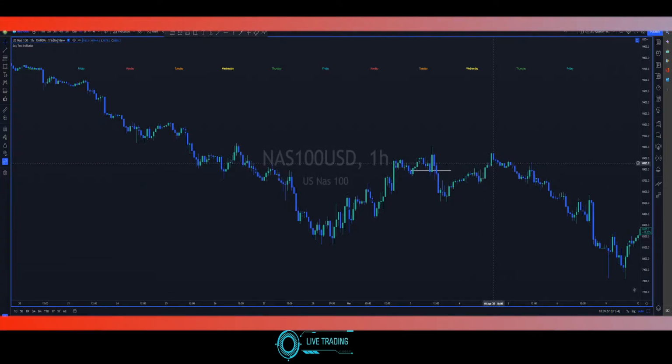But you want to be watching price. As soon as price gets into here, on a 15-minute or 5-minute, you want to be looking at change of character. So change of structure, change of character, however you want to say it. You see this structural shift here.